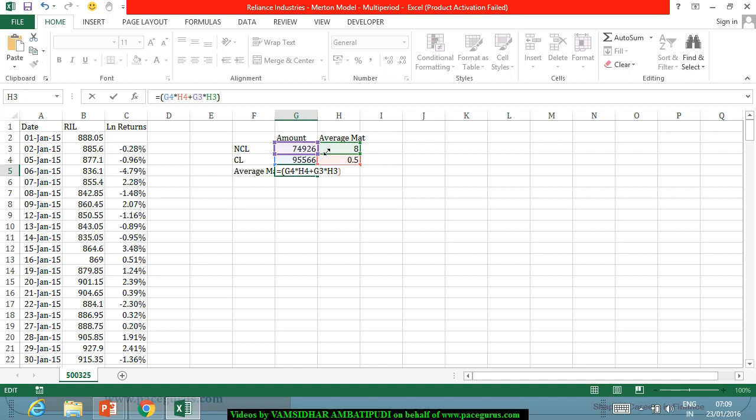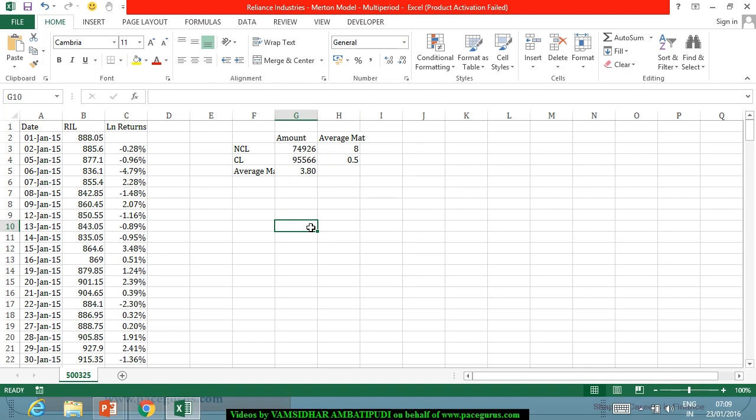So this is giving me the typical average maturity period. The total liabilities I am taking as the summation of both non-current as well as current. So this is giving me that the average maturity period is approximately 3.8 years. If I am rounding up to 2 digits, it's coming out to around 3.8 years.